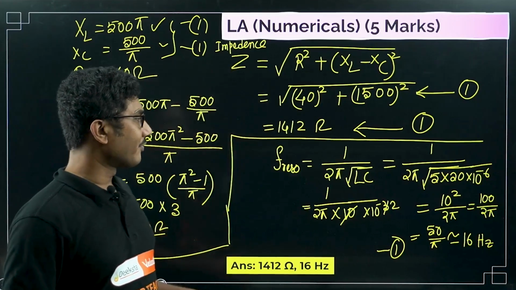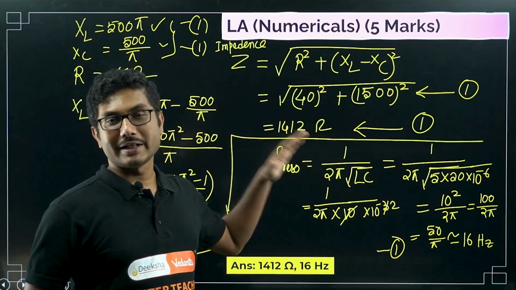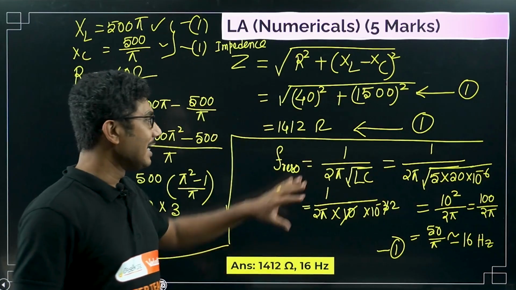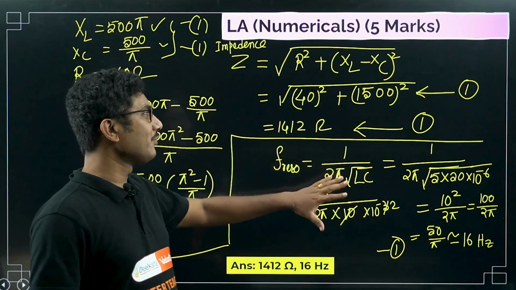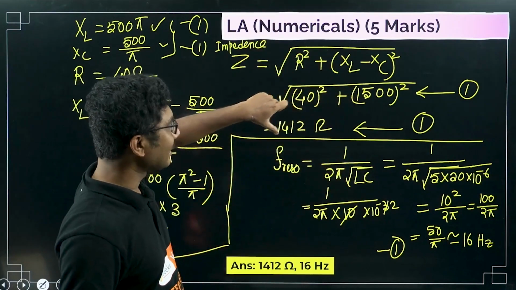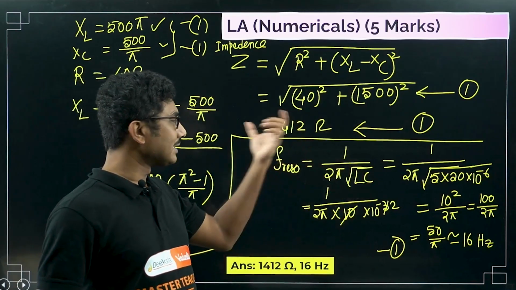So don't be afraid. More importantly, the second part of the question, where they asked you to calculate the resonance frequency, is independent of the previous calculations. So even if you have calculated this value incorrectly, you can score up to 4 marks from this numerical.